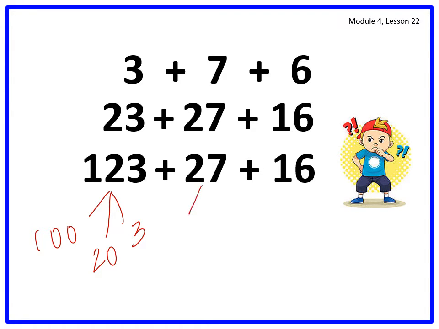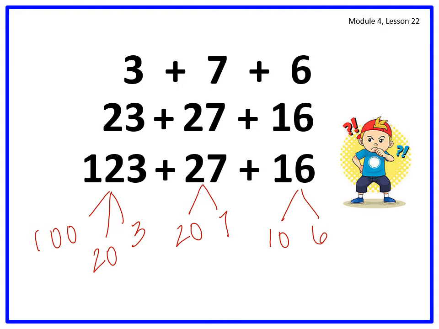So I'm going to try that with the rest of my problems. 20 and 7, 10, and 6. If I break down my problem this way, I can use mental math to add. We know that we have 100 plus 20 plus 20 plus 10 plus 3 plus 7 plus 6.